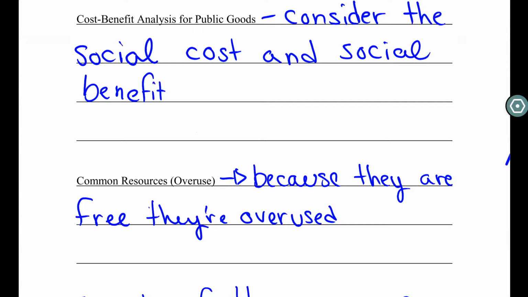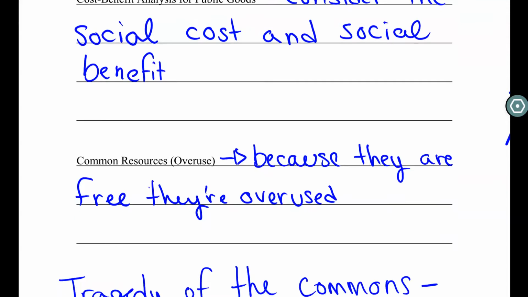All right, so there's always going to be this cost-benefit analysis for public goods. So we're going to have to consider the social cost and the social benefit, and then make decisions about how much of a public good should be provided. Common resources are going to be overused, because they are free, so people don't have to pay to access them.